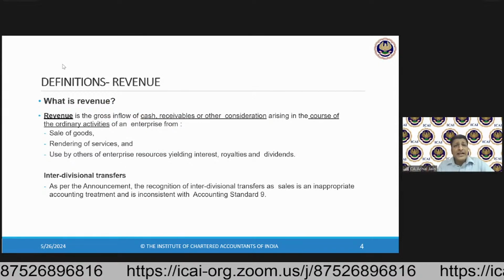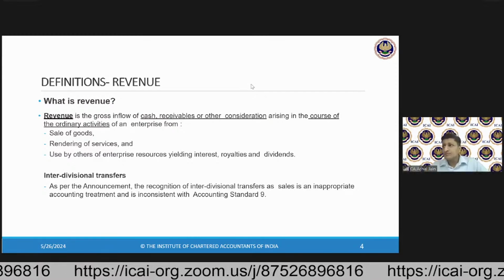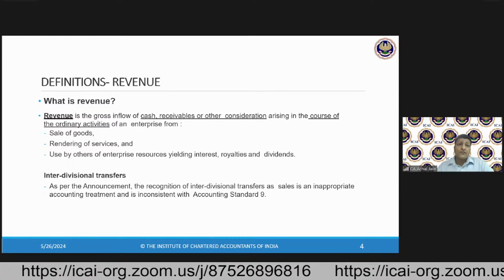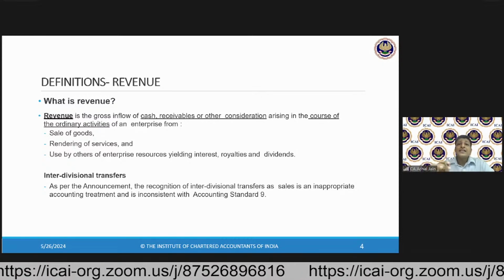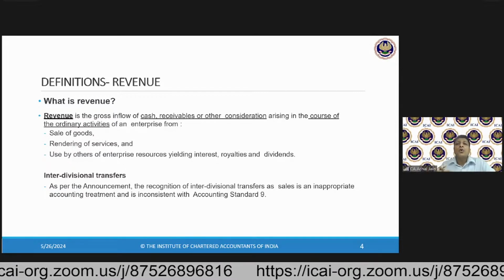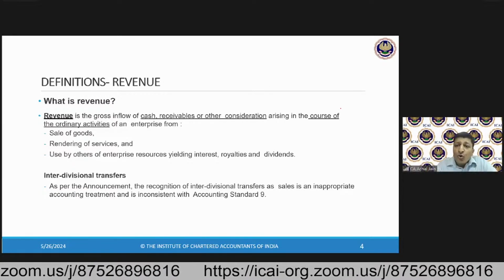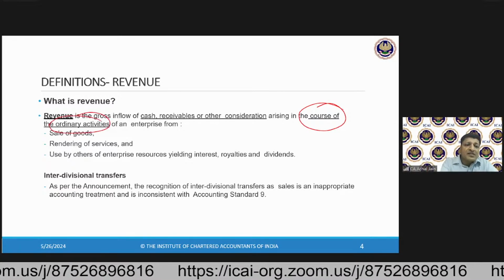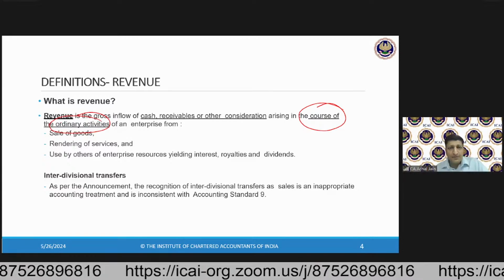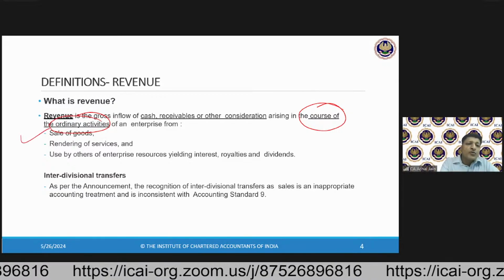So now let us try to understand what we mean by revenue. Revenue, we can say, is the gross inflow of cash, receivables, or any consideration arising in the course of ordinary activities. It means something which arises in the ordinary course of business. And this could get generated from the sale of goods.